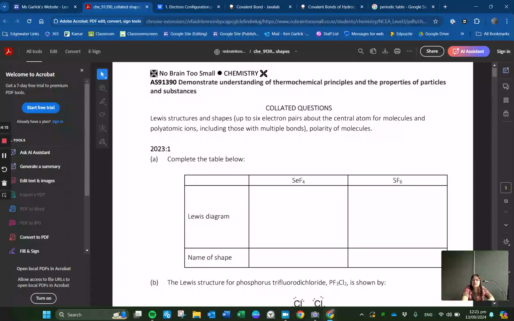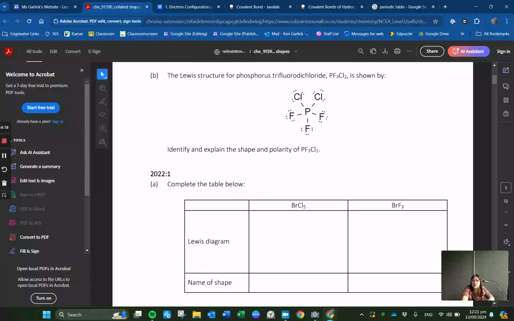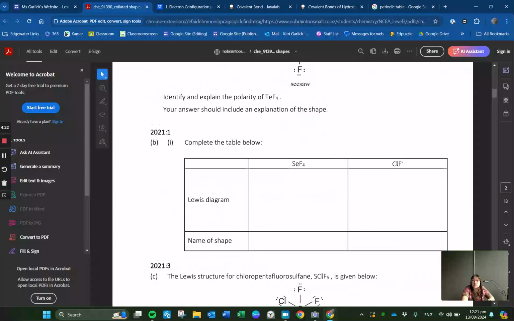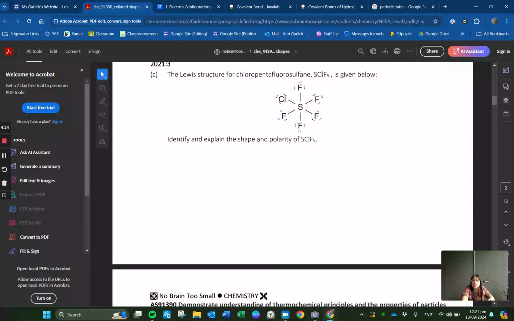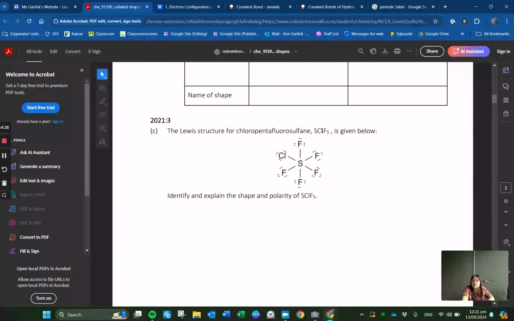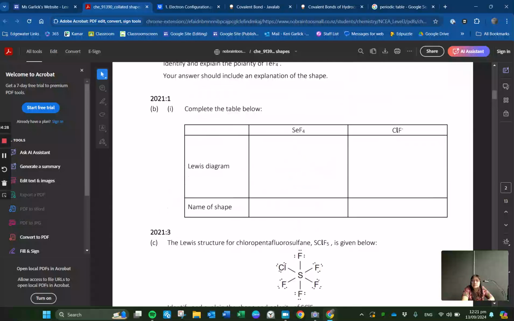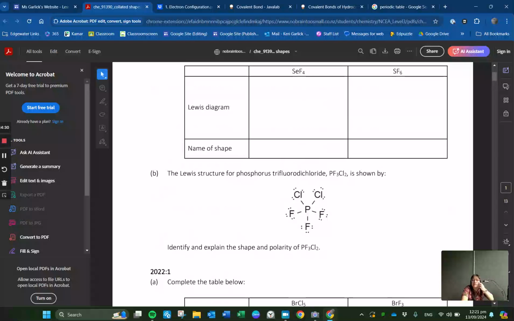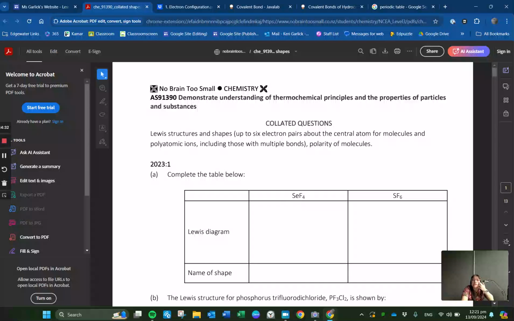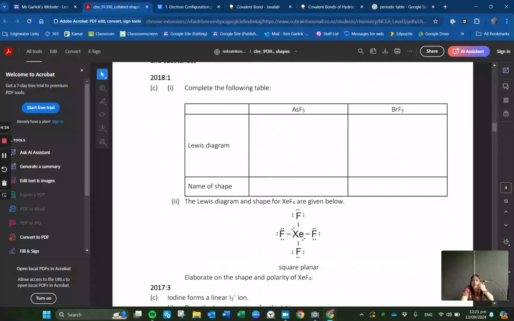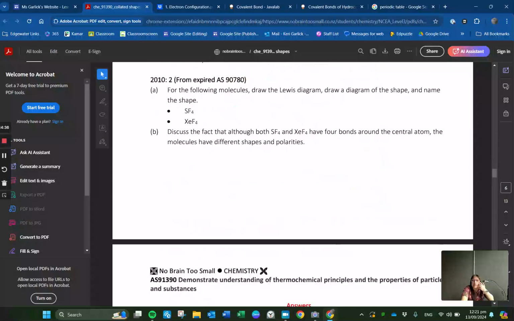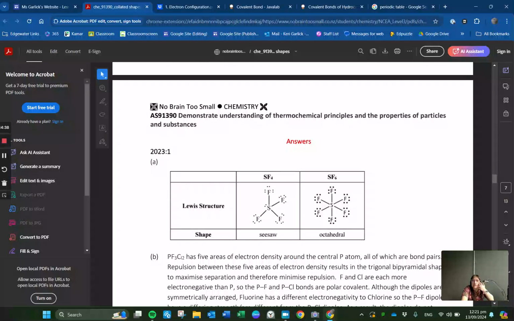Cool. I just want to find an ion one as well, to show you what it looks like. There should be answers at the back. I just want to see an answer so that I know I'm doing a good molecule for you.